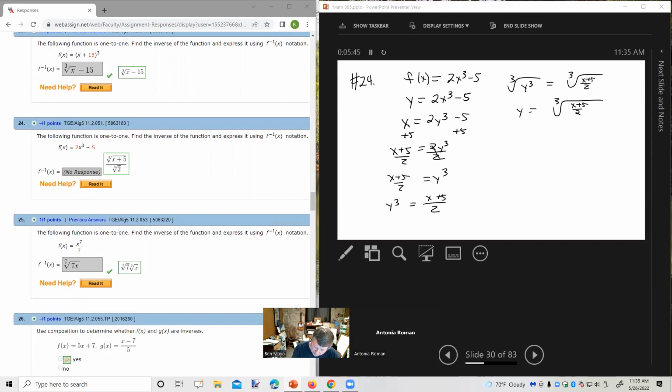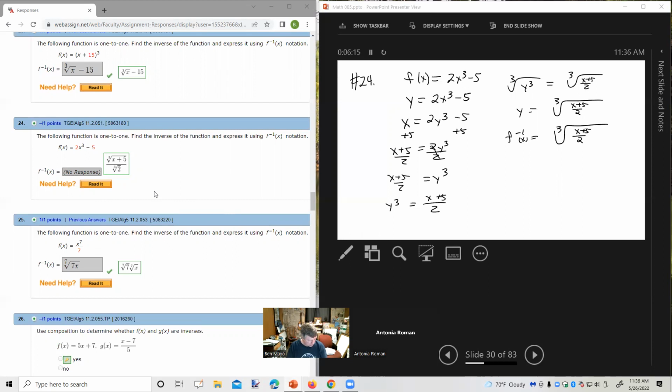Then I'm going to rewrite it using f inverse notation. And there you have it. Now, over here, notice that they wrote it like this, but you don't need to do that. You could just leave it like it is there. That should be perfectly acceptable. All right, with 24? Yes.